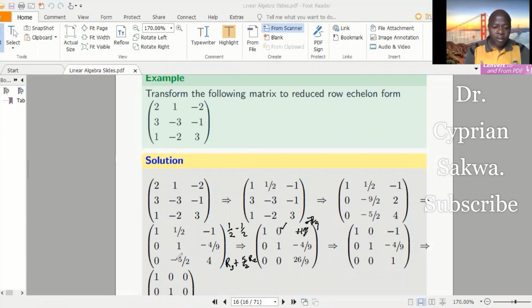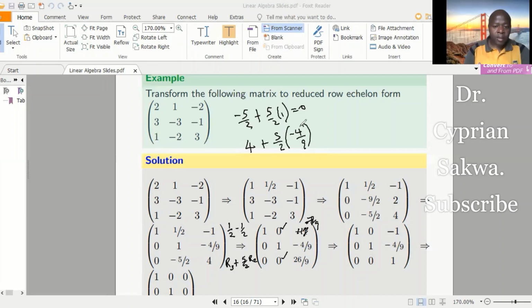Now, row 3 is negative 5 over 2, then plus 5 over 2 of 1. And this gives me 0. What about here? 4 plus 5 over 2 of negative 4 over 9.